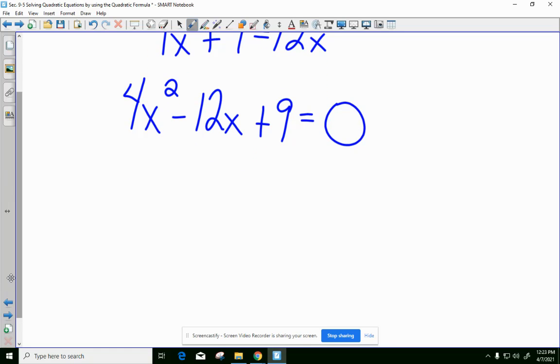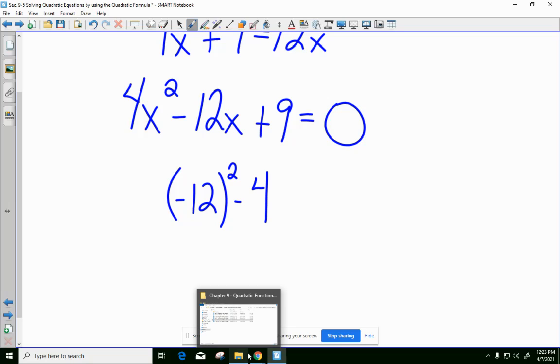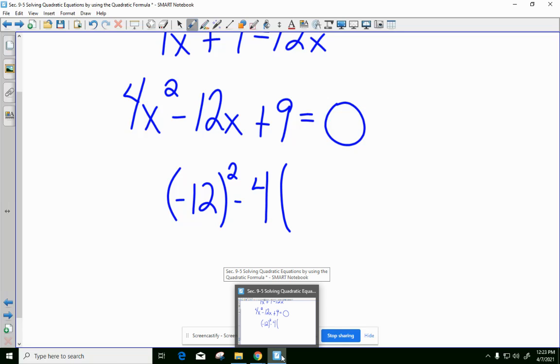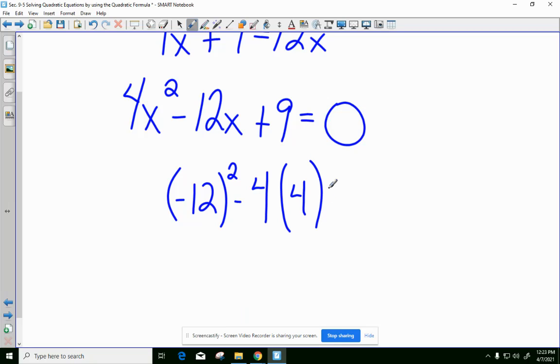It is negative 12. So if I was just doing the discriminant, the b squared minus 4ac, the only part I would be looking at is negative 12 squared minus 4 times a. What's a? A is 4, and c is 9.